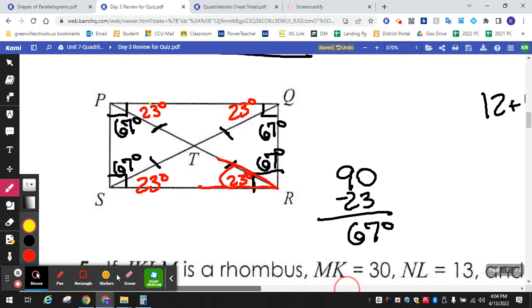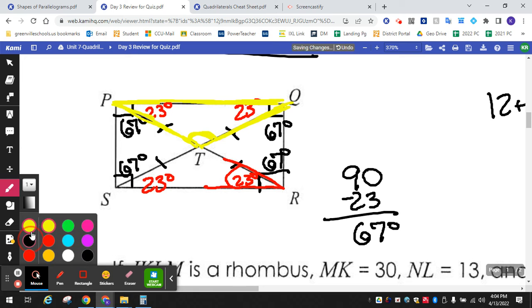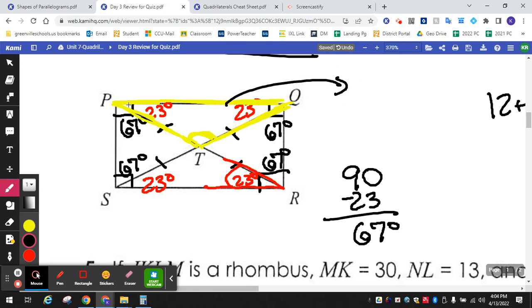P to T to Q. From P to T to Q. We don't know them. That's the center one right here, but you can connect it. And then with rectangles, you have 4 isosceles triangles. So if you're looking at one triangle and you know 23 and 23, from our last chapter, you better know interior angles add up to 180.